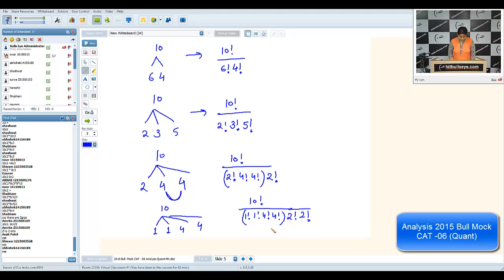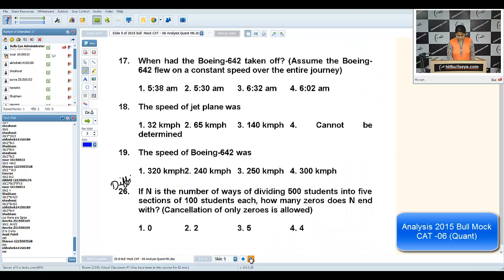Now coming back to the question. My question was, if n is the number of ways of dividing 500 students into 5 sections of 100 students each, how many zeros does n end with? I think this part is manageable for you. I'm taking the concept only. There are 500 students. You want to make 5 sections of 100 each.